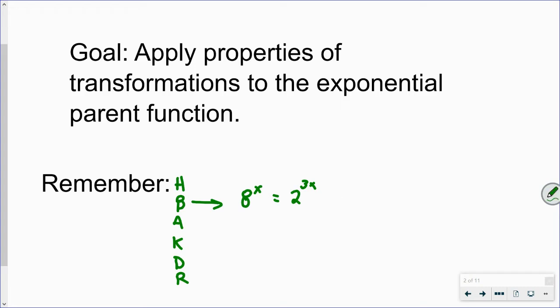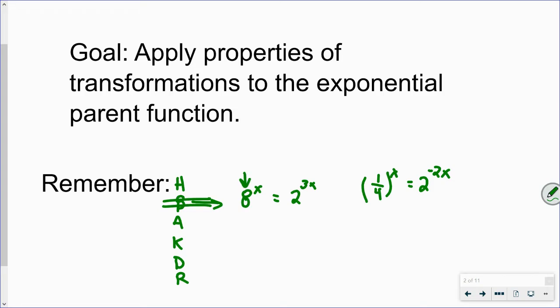That's the same thing as if I say like 1/4 to the x. That's the same thing as saying 2 to the -2x. So I could flip this over the y-axis and compress it by 2, but instead of doing that, I'm just going to look at this parent function and do it that way. Okay. So we're not going to be dealing with b in this sense.